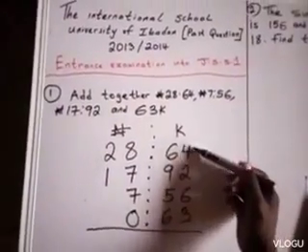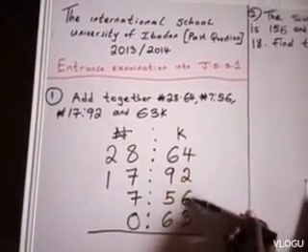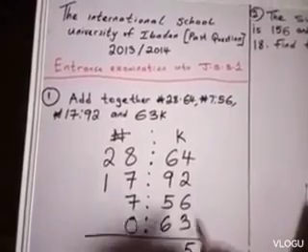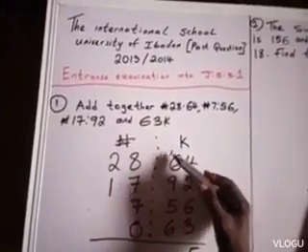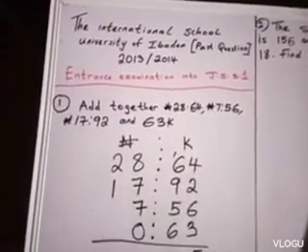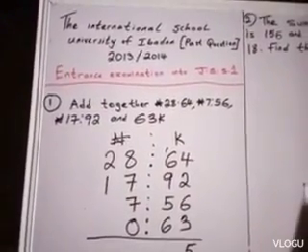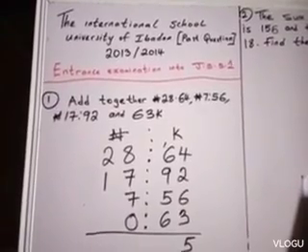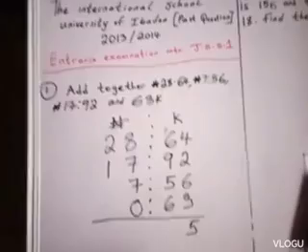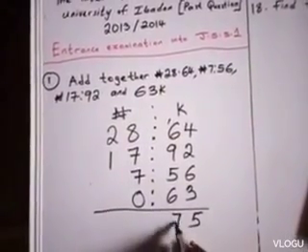Now let's add: 4 plus 2, 6, 6 plus 6, 12 plus 3, 15. 1 plus 6, 7, 7 plus 9 gives us 16. 16 plus 5, 21. 21 plus 6 gives us 27.